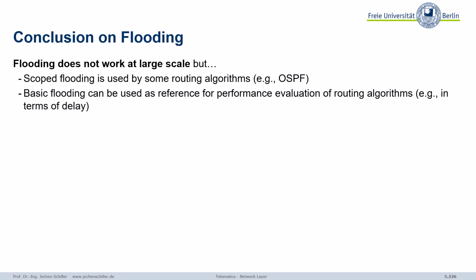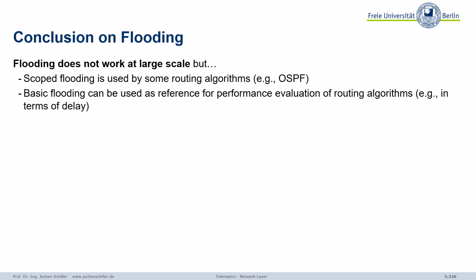But why do I talk about flooding? Because some of the routing algorithms at least use a limited flooding. So some of the algorithms require at least some localized flooding, so to say.